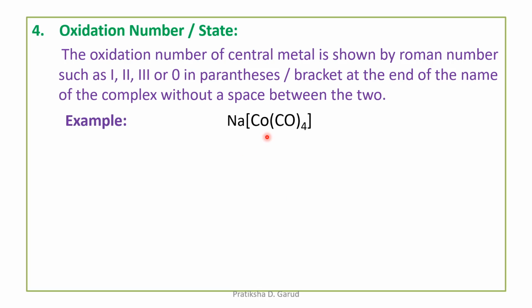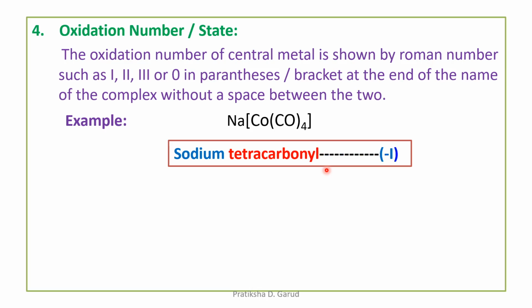The example is Na[Co(CO)4]. For the name, it is sodium for the cation, then tetracarbonyl for the ligand, and in between these two we have a space. The oxidation number of cobalt is 1, therefore at the end we put the Roman numeral 1 in the bracket without any space.